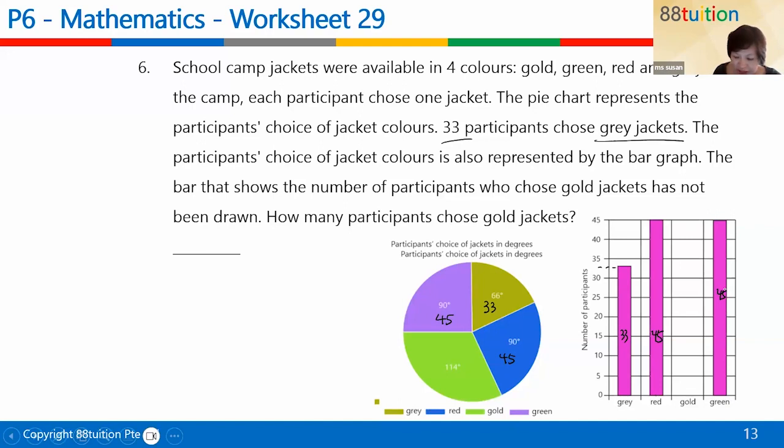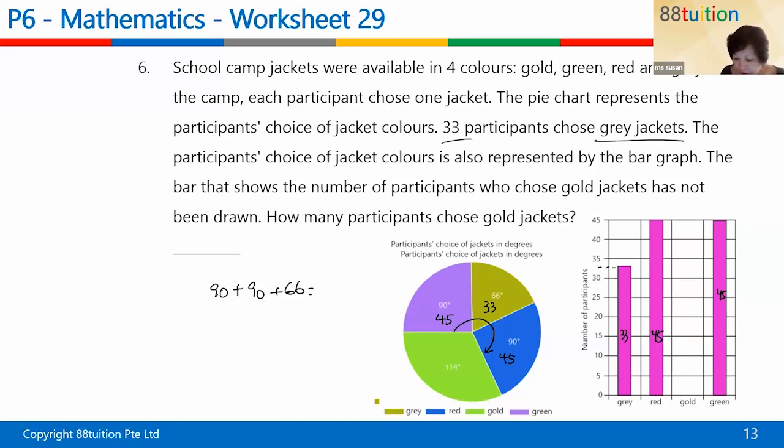Now the question is, how many participants will choose gray? So I have all this total here. I will have 90 plus 90 plus 66. Oh, I don't have to. It's actually 114. I know already.